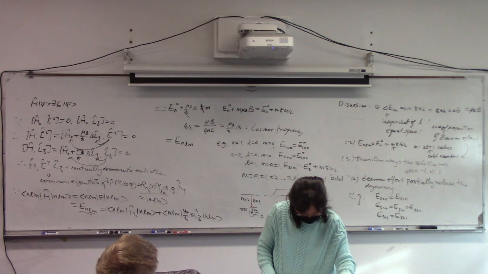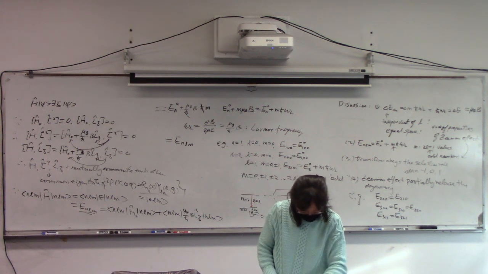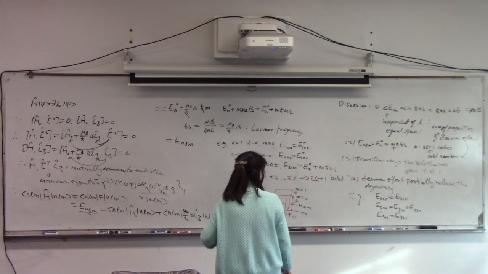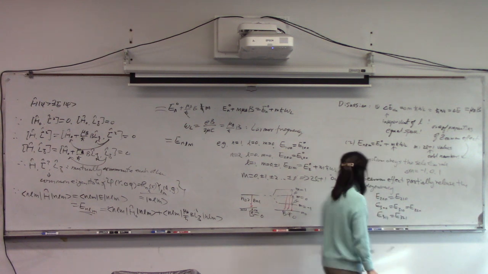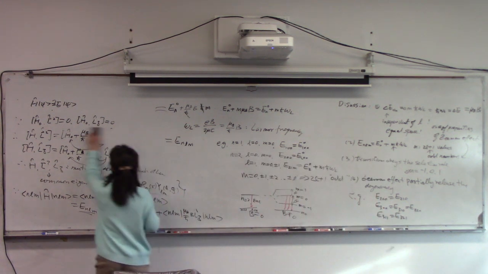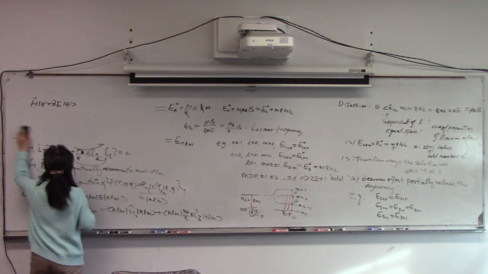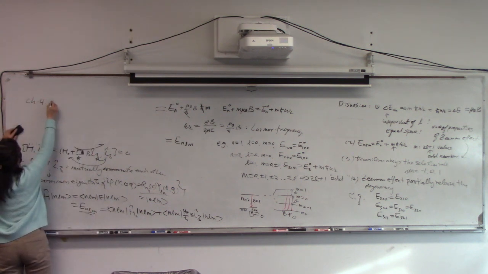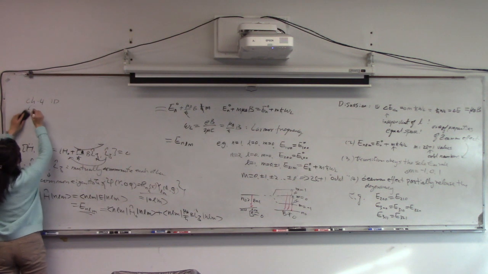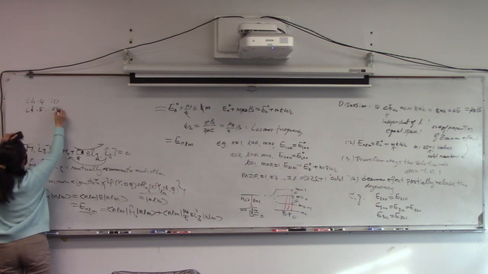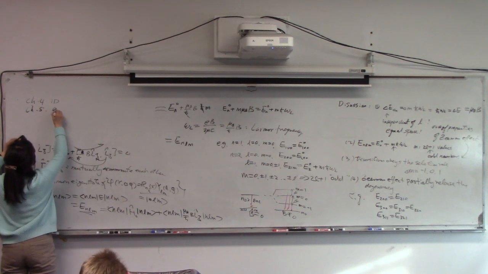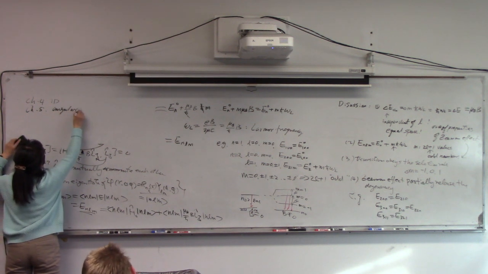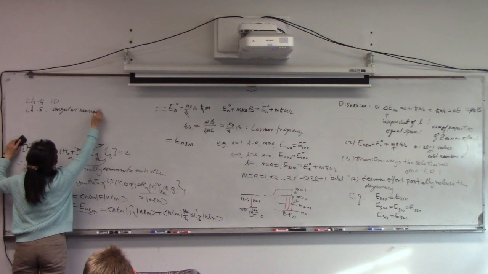Now we go to chapter 7. So far, from the last semester, we discussed the one dimension system in chapter 4, right? Chapter 5 is the orbital angular momentum.